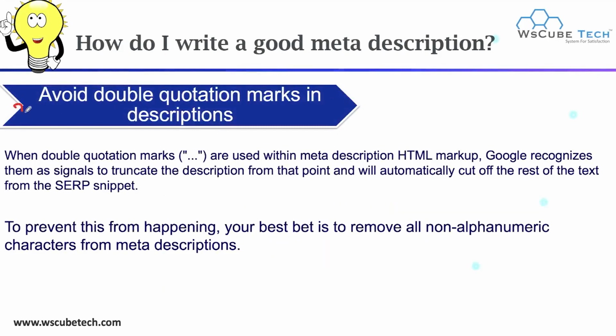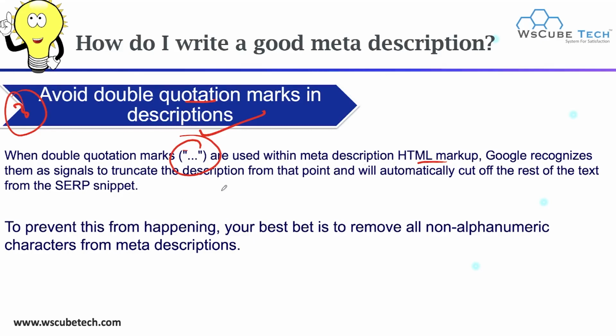Next, you have to avoid quotation marks in your description. This is the double quotation mark you have when used within the meta description HTML. In that case, Google recognizes it as a signal to truncate the description from that point, and it will automatically cut off the rest of the content.